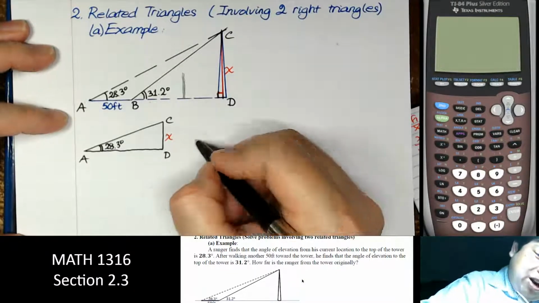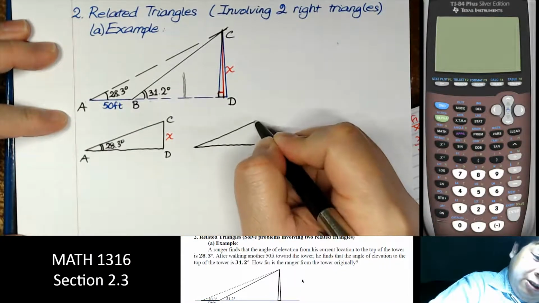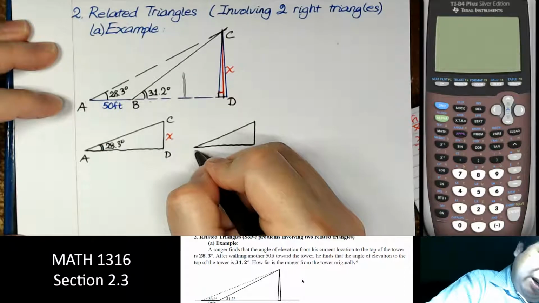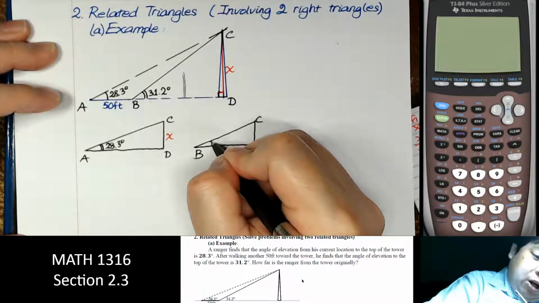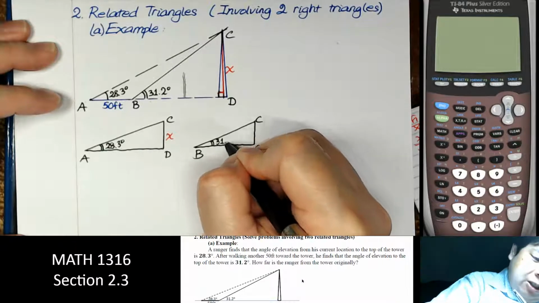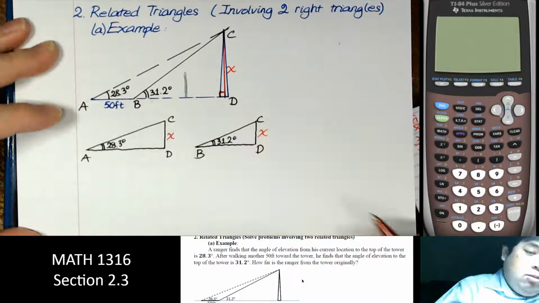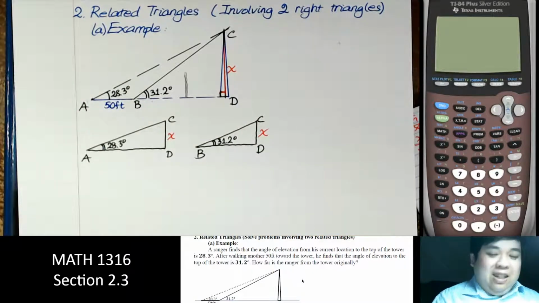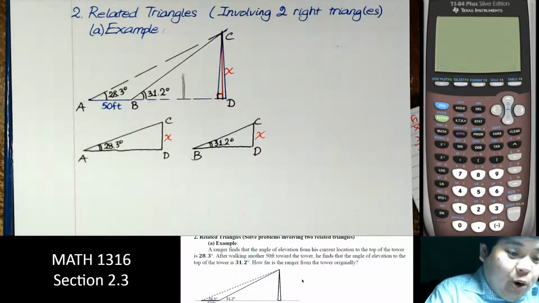Then we have another triangle, BCD. We know 31.2 degrees, and we don't know x, and pretty much that. So we know it's 50 degrees. So that is rather difficult to do.